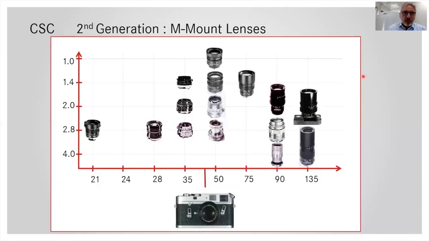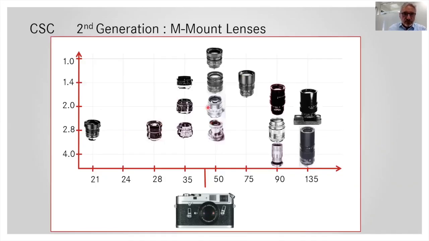So, with this innovation, the second generation of M-mount lenses were prepared, and so we get the newer version of the M-mount lenses, mostly designed by Mantler and his team in Canada.